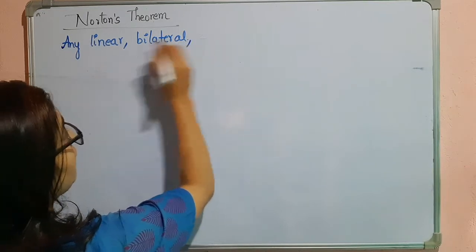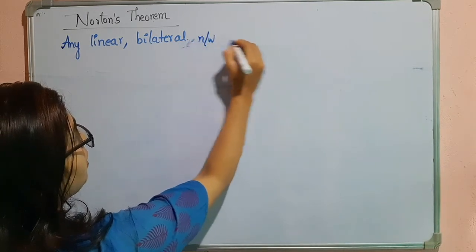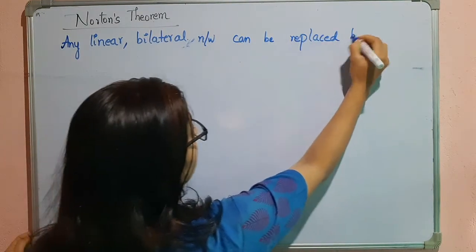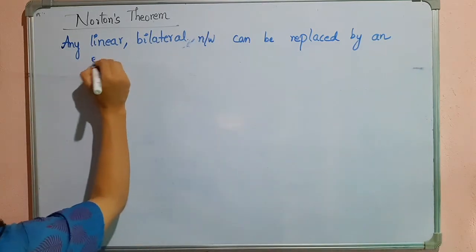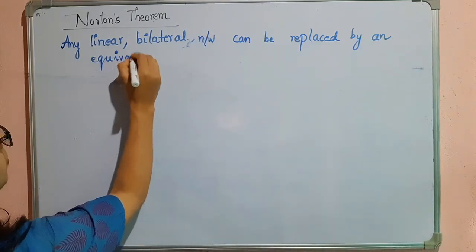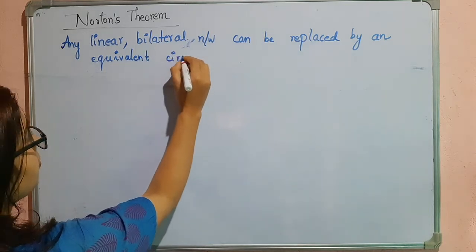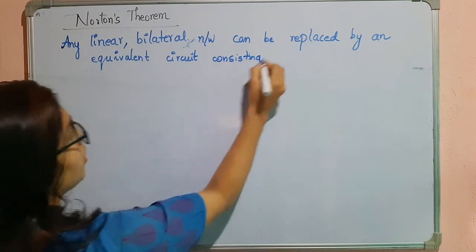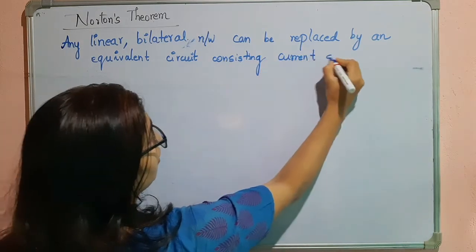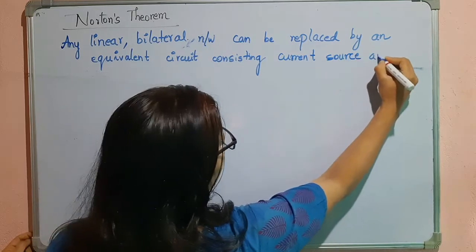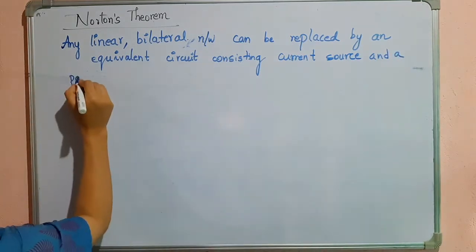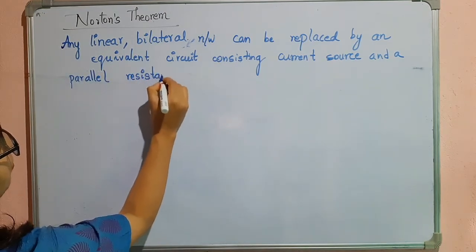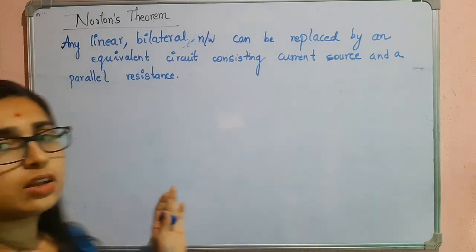So any linear bilateral network can be replaced by an equivalent circuit consisting of a current source and a parallel resistance. Okay, so this is Norton's theorem.